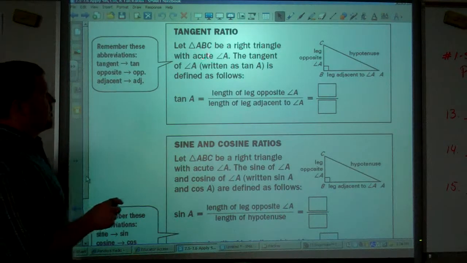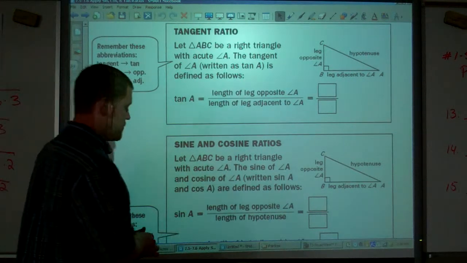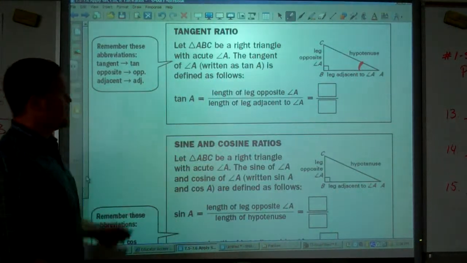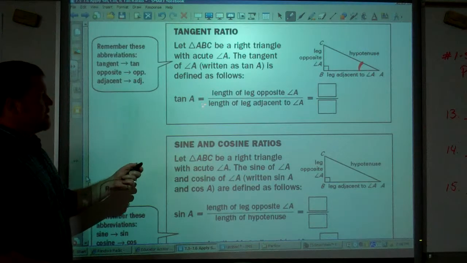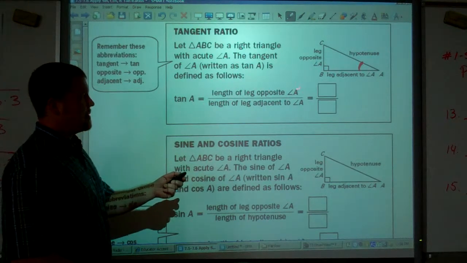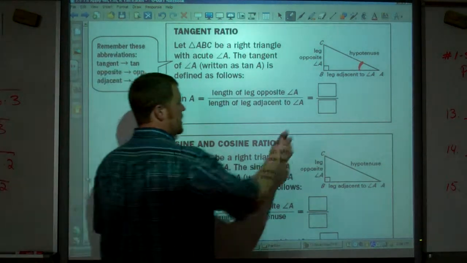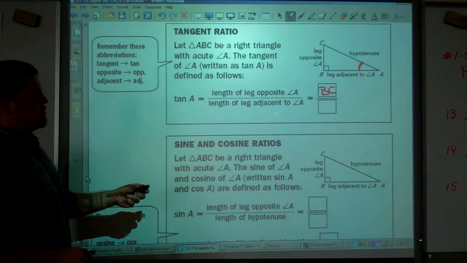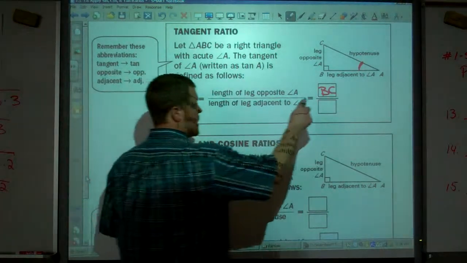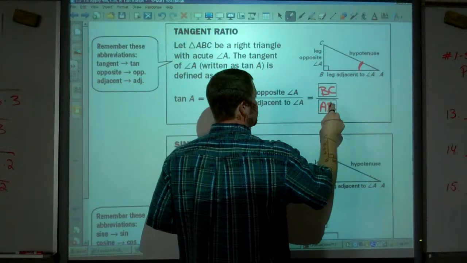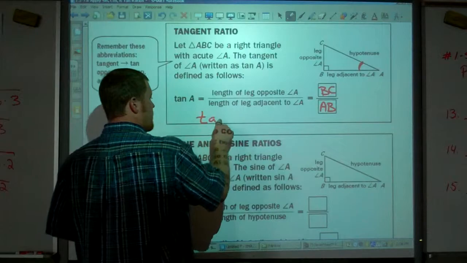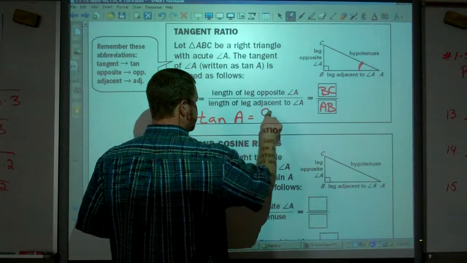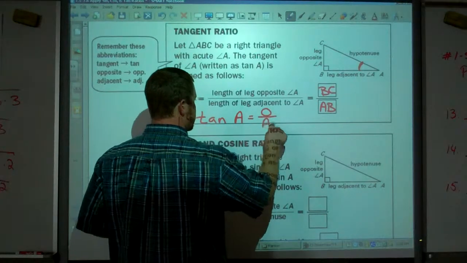We are referencing angle A. So the tangent of angle A is equal to the length of the leg opposite angle A, which is BC, divided by the length of the leg adjacent to angle A, which is AB. Tangent of angle A is opposite over adjacent.